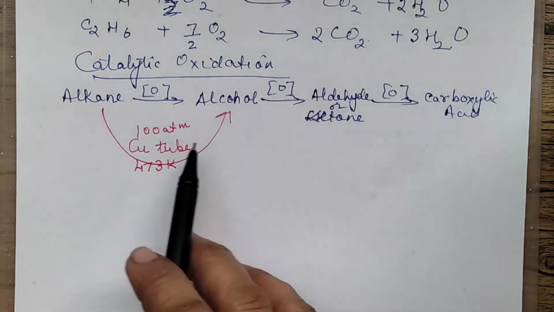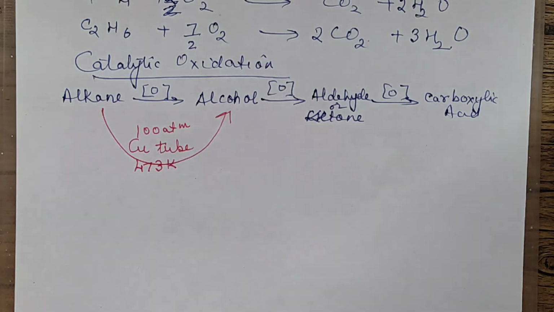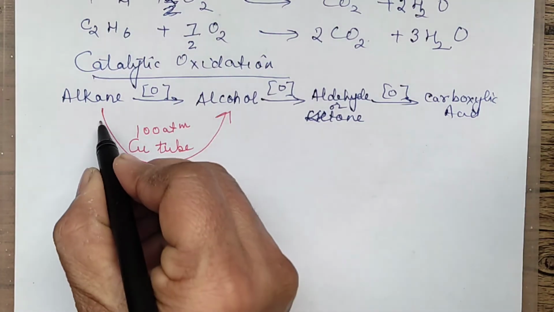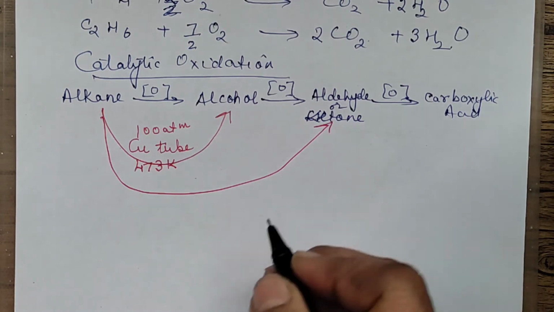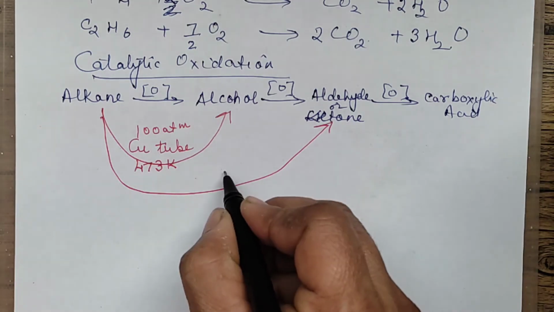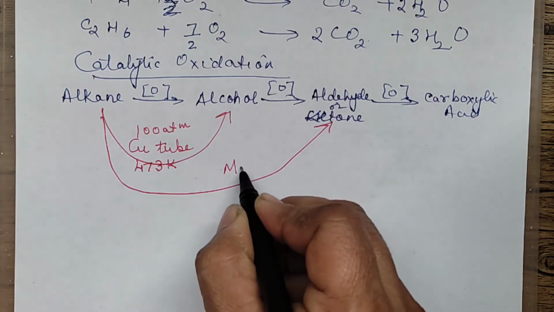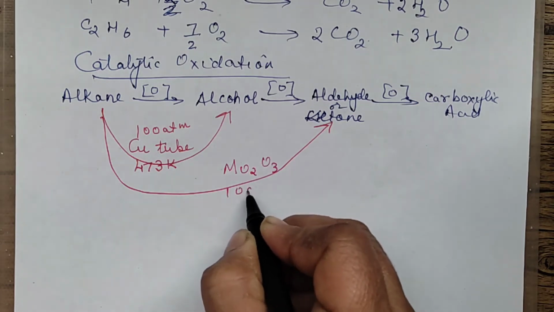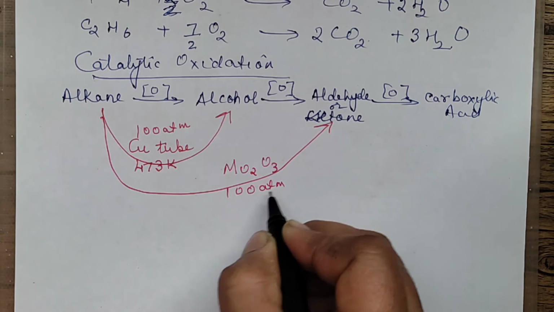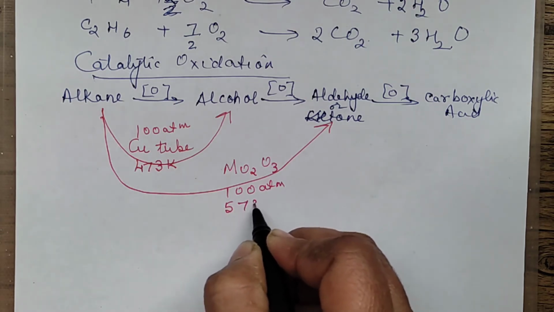If these are the conditions given, you will get alcohol. The product will change based upon the catalyst used. Suppose from alkane we want to form aldehyde or ketone, then we will have to use the catalyst molybdenum oxide, 100 atmosphere and 573 Kelvin.